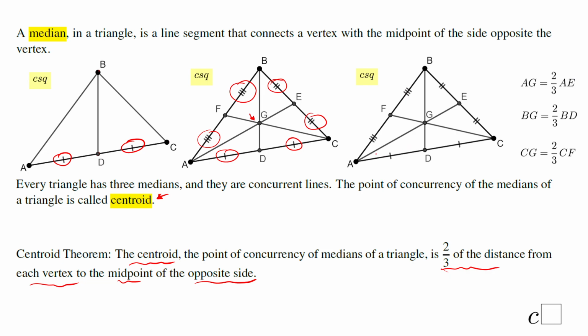It means that AG, which is this segment, is 2/3 of AE. Also BG is 2/3 of BD, and also CG is 2/3 of CF. That is the idea of 2/3 of the distance from each vertex to the midpoint of the opposite side.